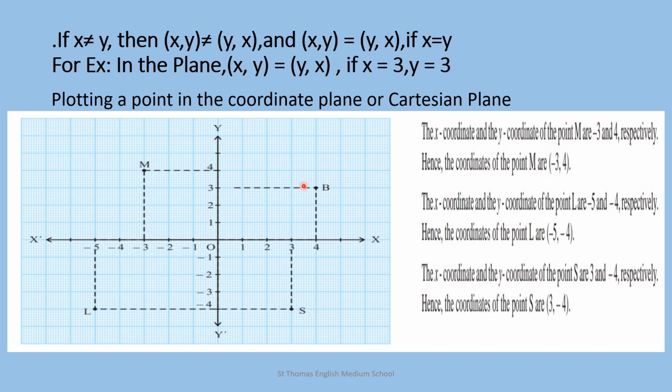Same way for the point B, the x coordinate will be the perpendicular to the x-axis intersecting at 4, and the y coordinate is the perpendicular intersecting the y-axis at 3. Therefore the coordinate of the point B is 4, 3.